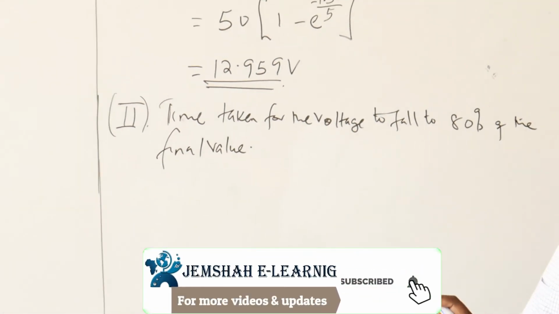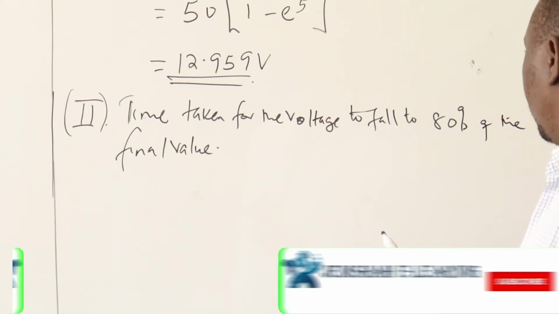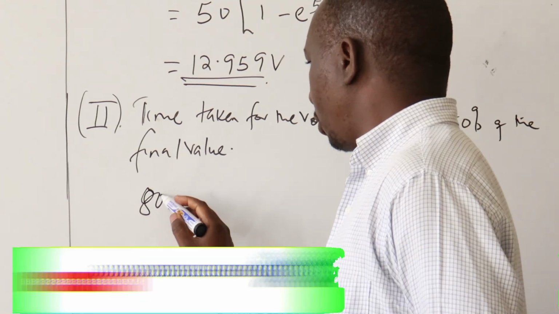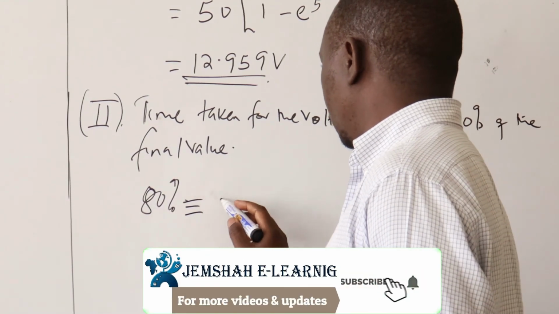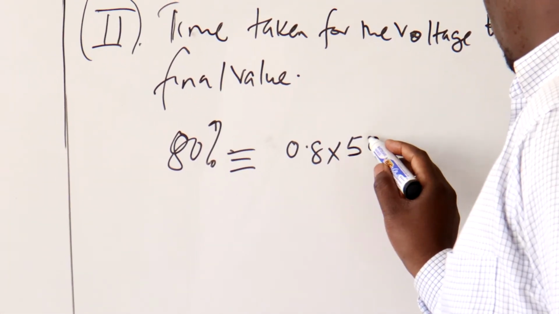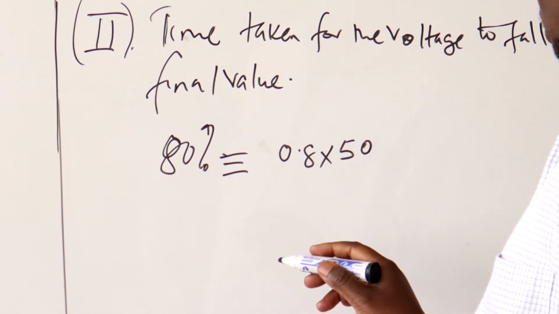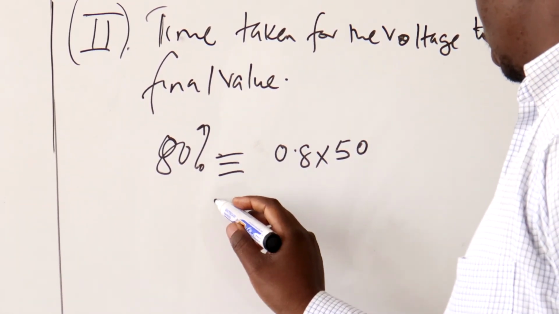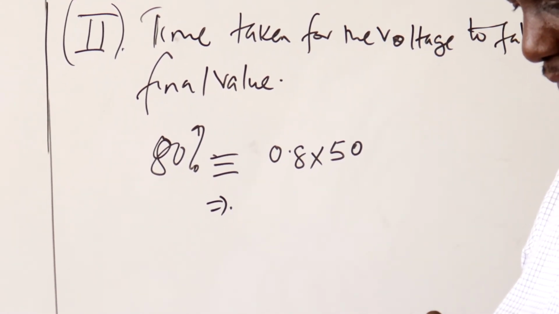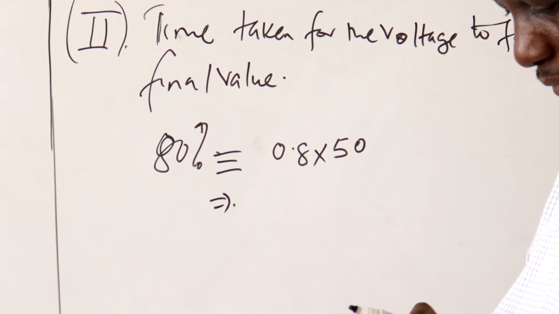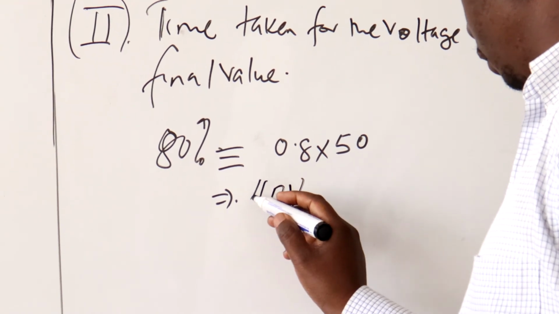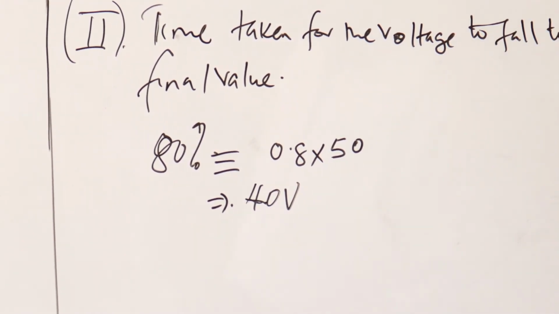The final value is 50 volts, but 80% of the final value is equivalent to 0.8 times 50. This is 40 volts. The time taken for that to reach.